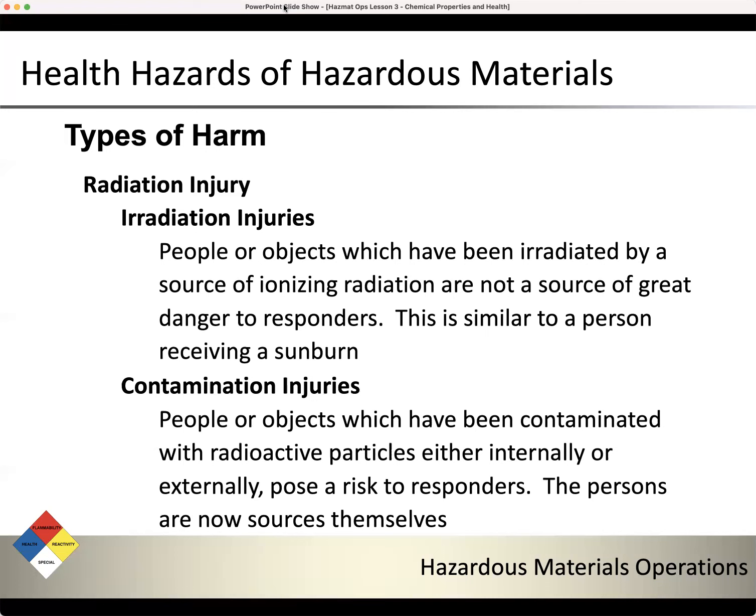For example, when you go get a chest x-ray, an x-ray is a type of ionizing radiation, similar to gamma radiation, which we're going to talk about here in a second. People who have been exposed to gamma radiation don't take that gamma radiation with them. It does not make them radioactive. Okay? Those people are not necessarily a danger to responders.